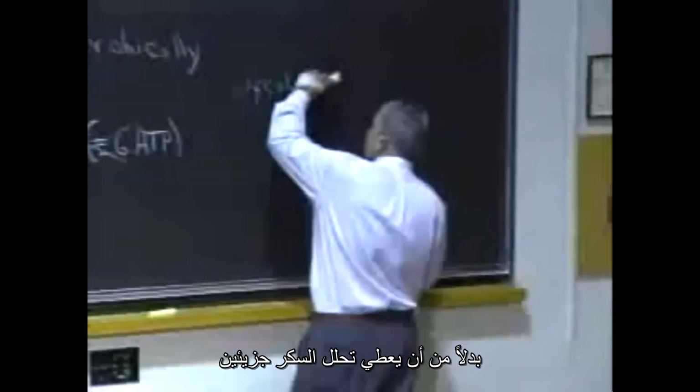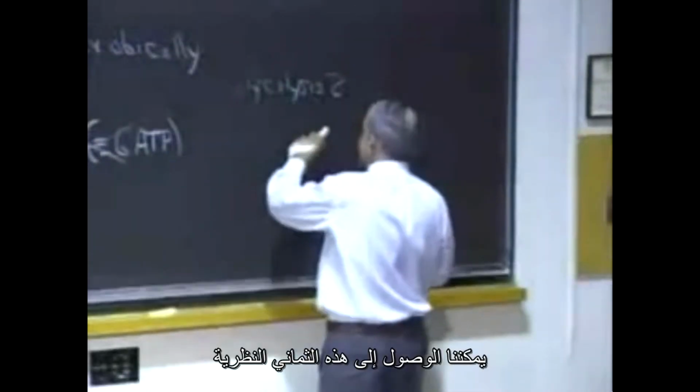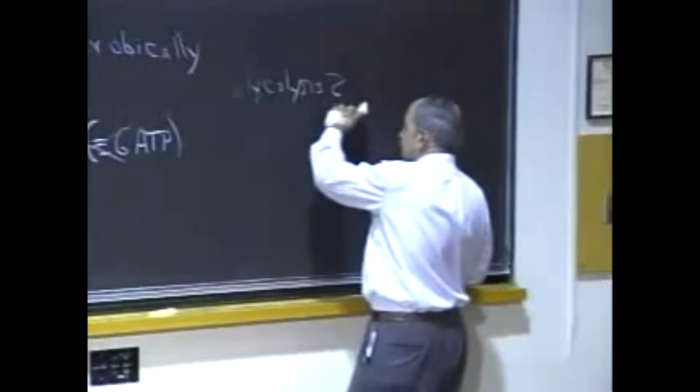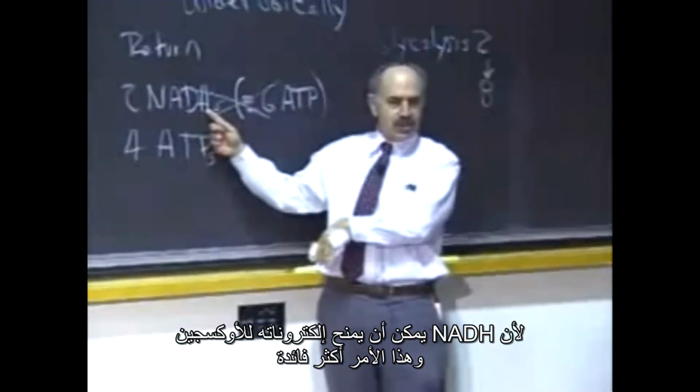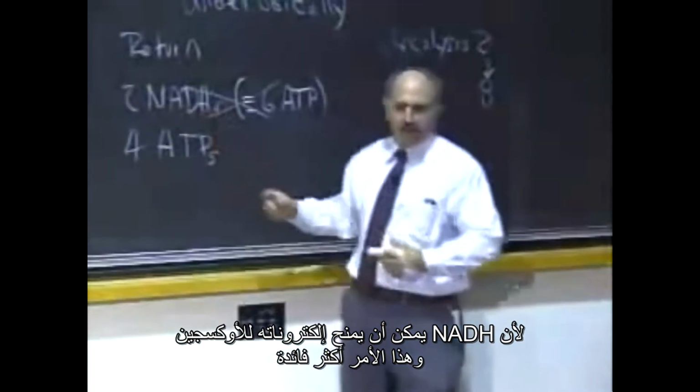As a consequence, instead of having glycolysis yielding 2, we could go up to this theoretical 8, because the NADHs could now deposit their electrons on oxygen, which is much more profitable.